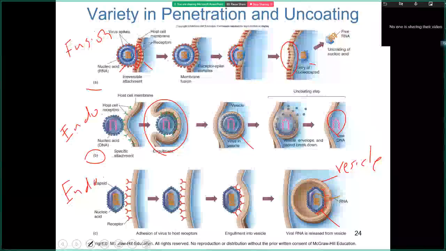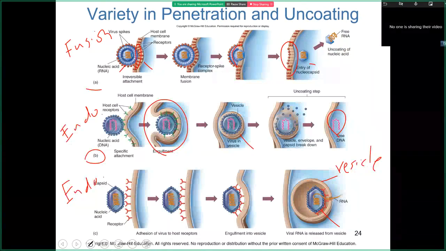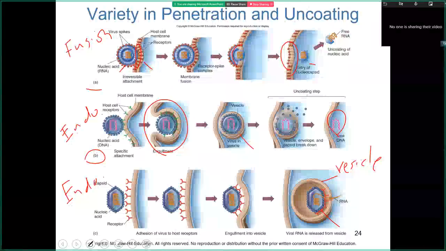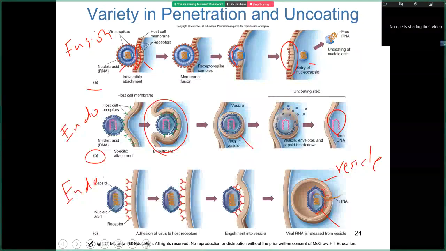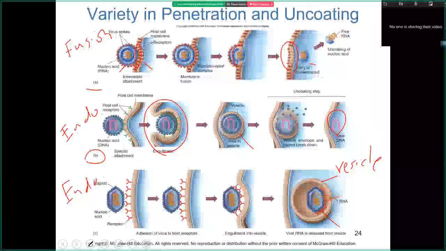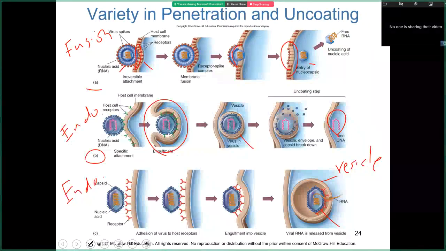There are apparently preformed enzymes inside of that virus that begin to bore a hole through the capsid and through the vesicle, and that allows release of the RNA. So this whole assembly, the capsid and the vesicle, will remain behind. And if enough viral particles were to infect the host cell, you're going to leave behind a whole bunch of these things, and those might actually be visible in the infected host cell for a time.